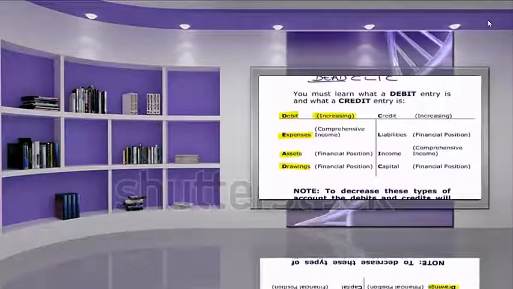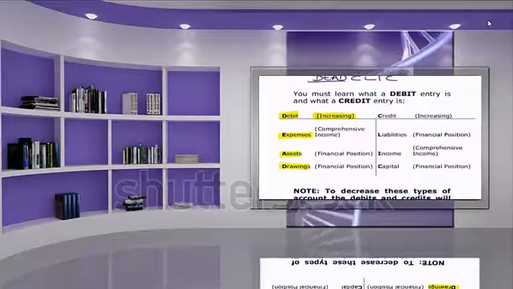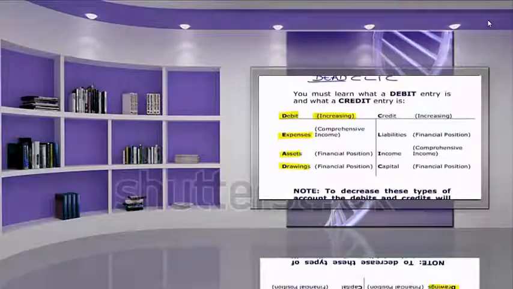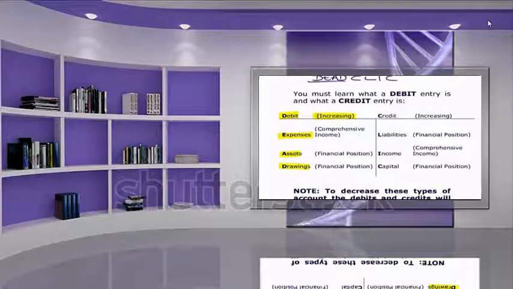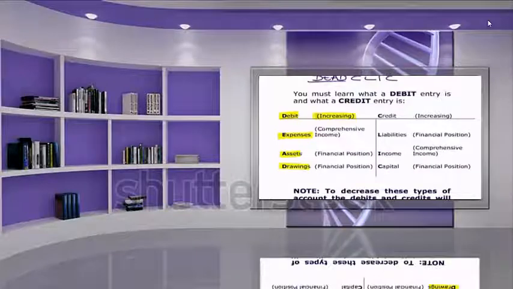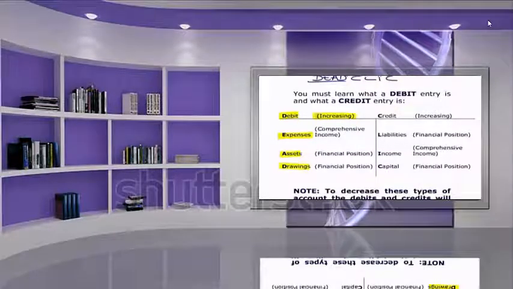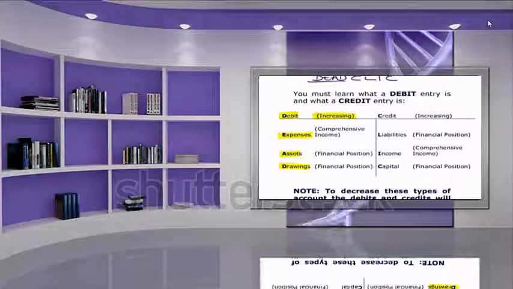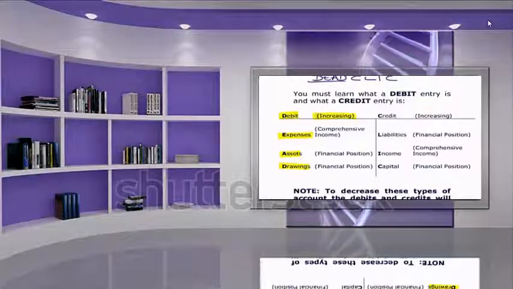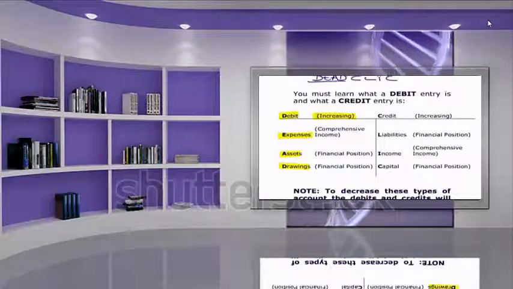And finally, drawings. Drawings are money taken out of the business by the owner, essentially a reduction in the owner's capital. That would always appear in the statement of financial position as well. So for increasing an asset, an expense or drawings, that would be on the debit side, that would be the DEAD.